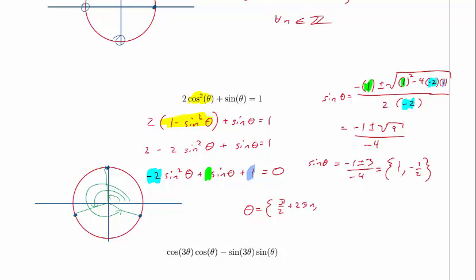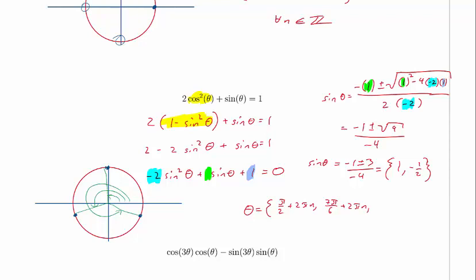And now we look at this next guy here, right? That is going to be 7 pi over 6. And then we include every revolution beyond that, so plus 2 pi n.